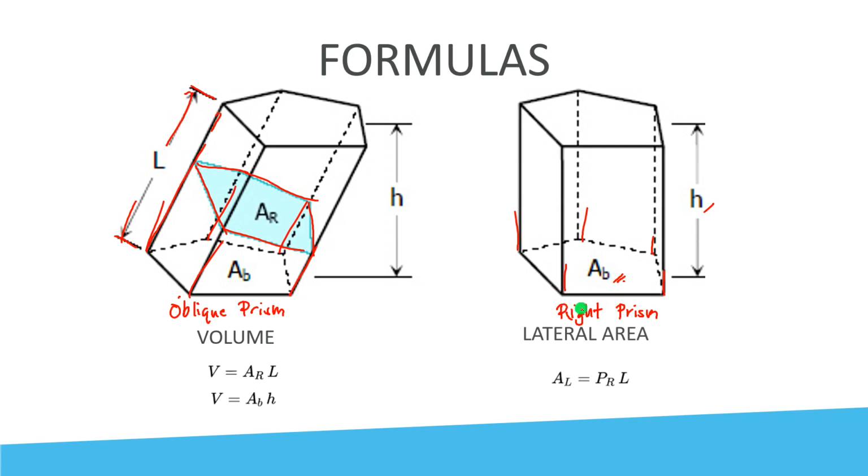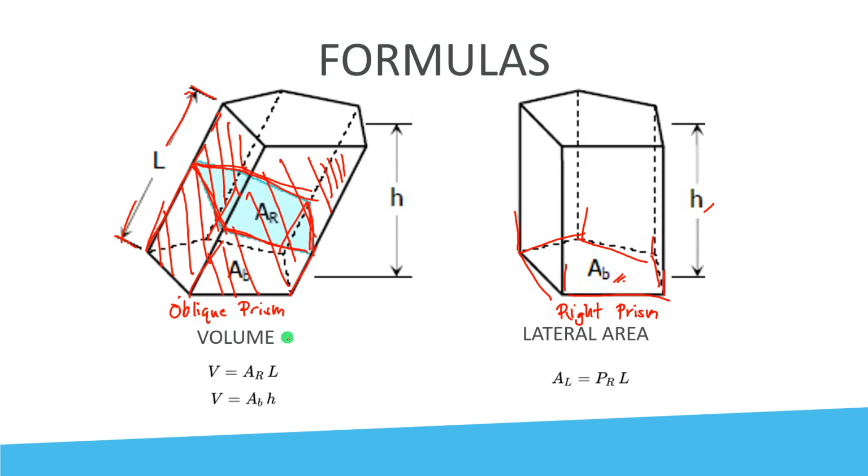For the lateral area, or the area of the lateral faces of the prism, just multiply the perimeter of the base for the right prism, or the perimeter of this shaded region, the cross section, on the oblique prism, by the length of the lateral side.